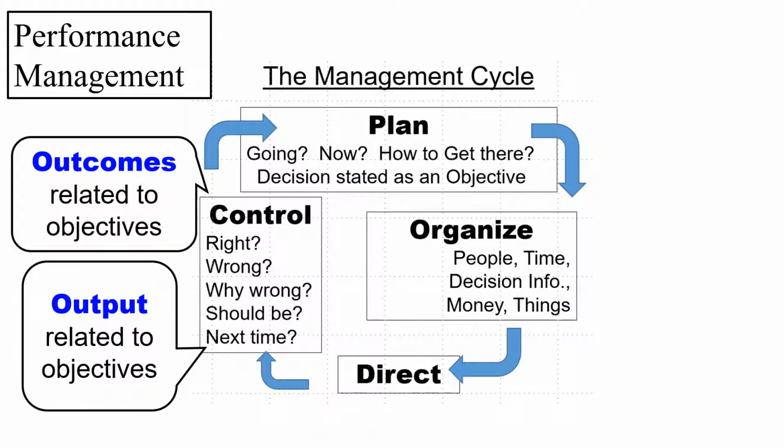In other words, we can plan a safety campaign, organize a safety campaign, direct and conduct the safety campaign, control it while we're doing it, and we hope we are safer because of the campaign. But are we? So there's the output, what we did to achieve an objective, and then there was the outcome from our activities. They're not always the same.